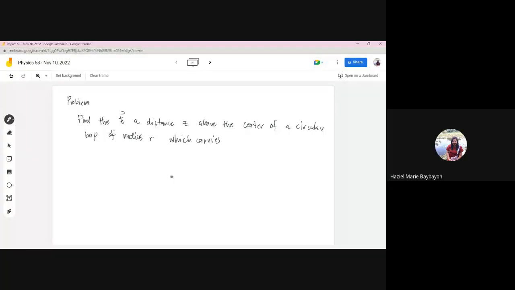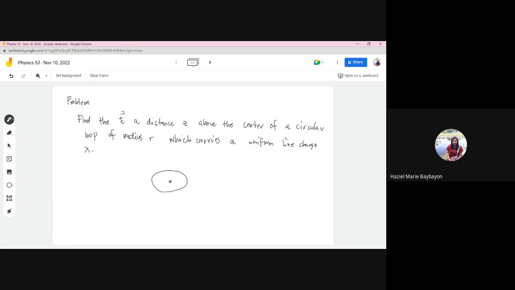Okay, so find the electric field at distance z above the center of a circular loop of radius r, which carries a uniform line charge lambda. Okay, so here is a very rough image of the problem.